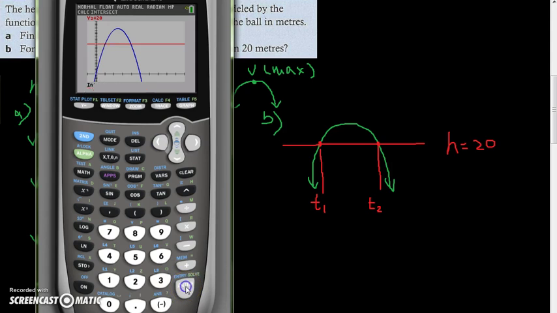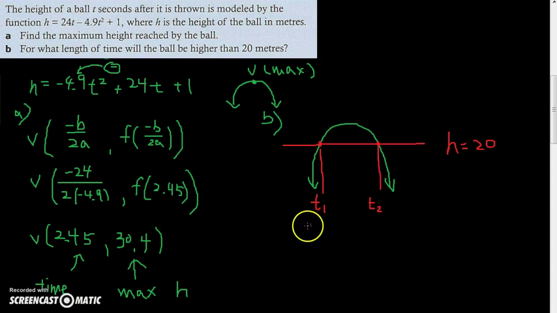Close enough. They will intersect at 0.9929, and so my T1 is approximately 0.992.